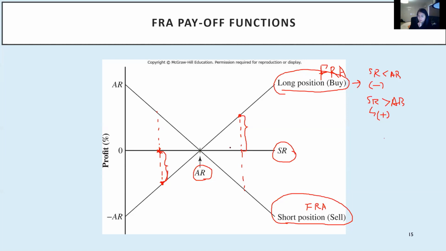So if this is the case, if I think that the future interest rate is going to increase, and if I want to speculate, do you think I want to be buying a FRA or do you think I want to be selling a FRA? If I think the future interest rate is going to be increasing, right? It's going to be higher than the agreed rate. So in this case, do I want to long or do I want to short?